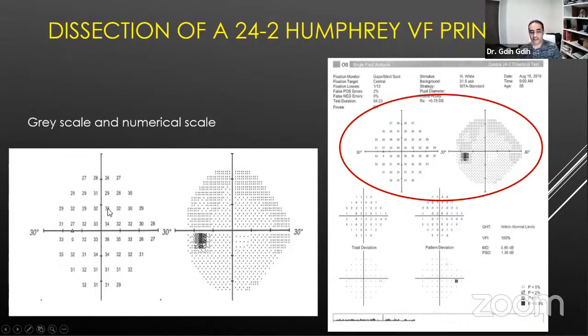If they test less than 10 in one area and the neighboring area, at least 2 of them less than 10, that's where the patient has split fixation, and those patients are usually very symptomatic.